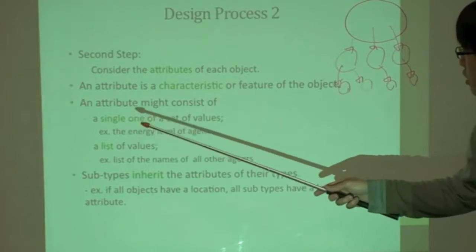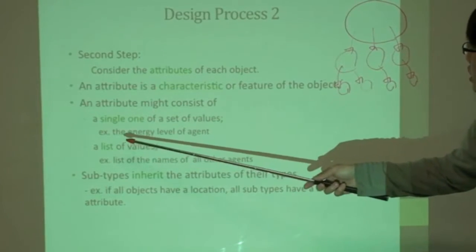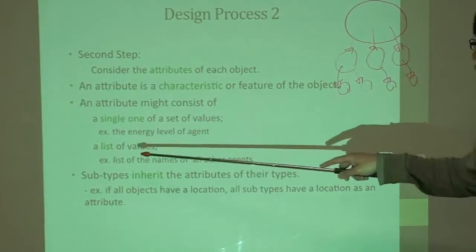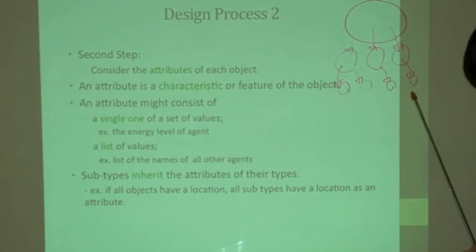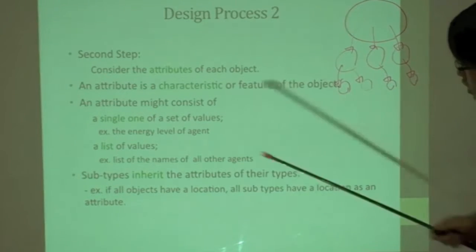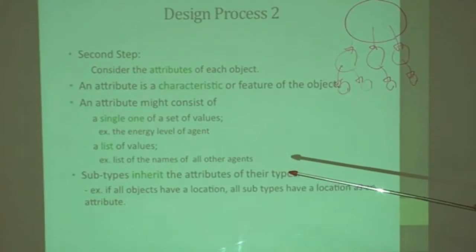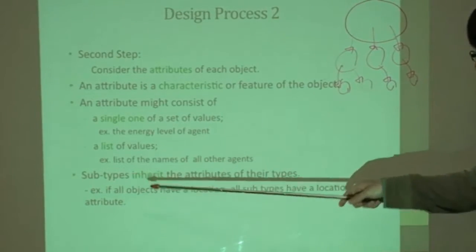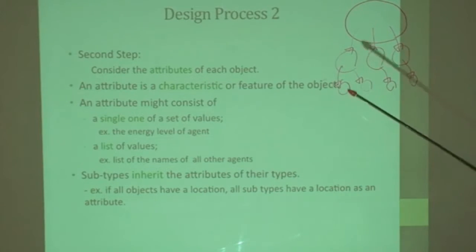And in other cases, an attribute might consist of a little list of values. For example, it is a list of the names of all other agents. The subtypes inherit the attributes of their types. For example, if all objects have a location, all subtypes have a location as an attribute.